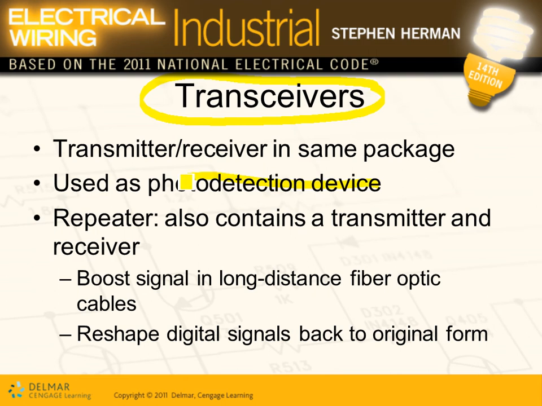You have a photo detection device, of course, to pick up and receive. There's also something called repeaters. With telecommunication, the signal weakens over distance. So what they do is take the signal and beef it up a little bit, amplify it. These are called repeaters. They contain transmitters and receivers. It pulls the signals for longer distances in fiber optics and reshapes digital signals back into the original.